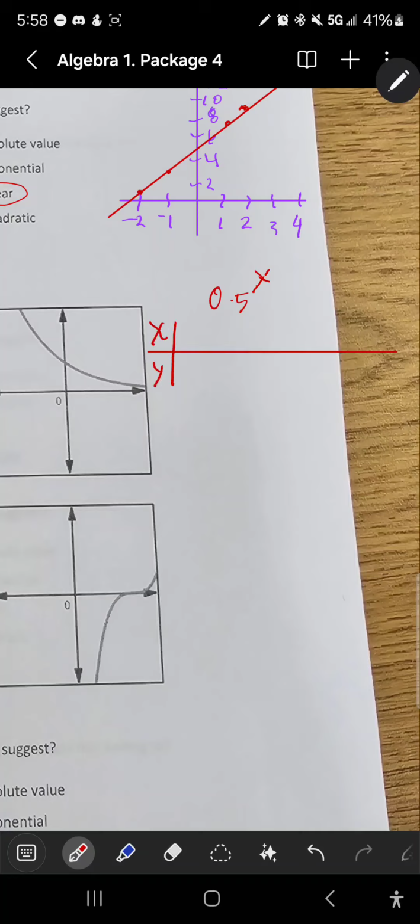Now I have my equation, with x and y. I'm going to say x is negative 2.